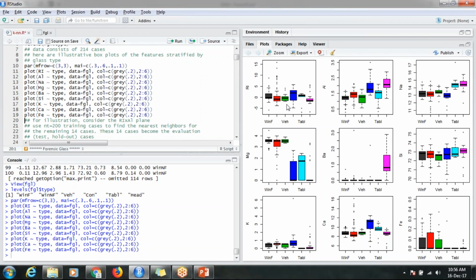Almost the same, only for one type it is more varied. Otherwise, more or less, they have the same range of refractive index. Aluminum content is quite high in some glasses, low in some, and quite average in others.